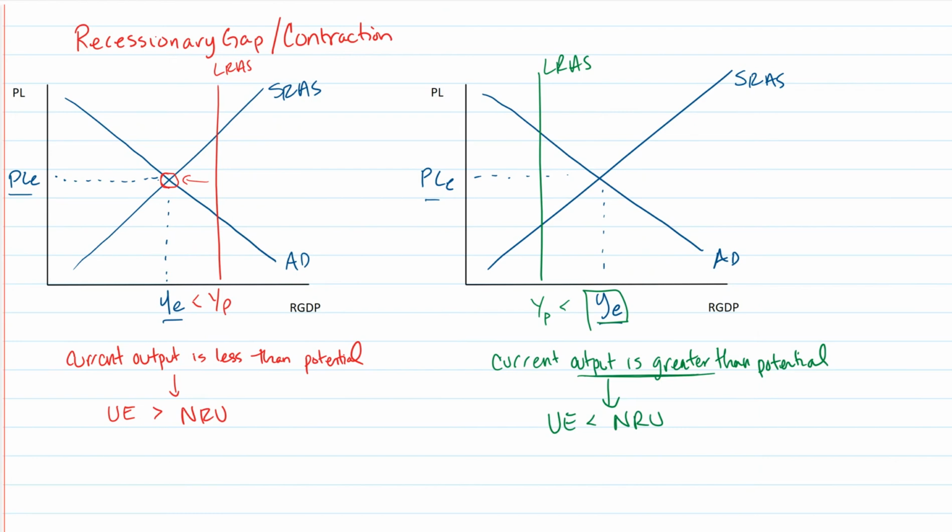Our economy is making more and putting more resources to work. And this scenario would be called an expansion, or sometimes called an inflationary gap, because our current level of output is greater than our potential level of output.